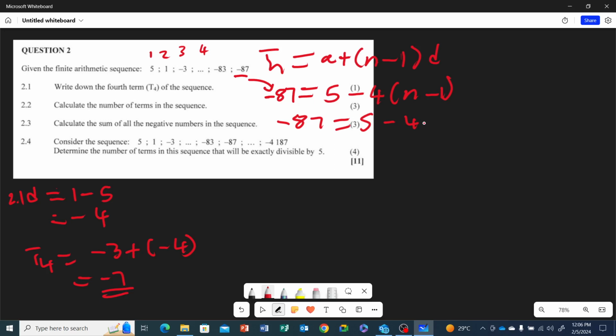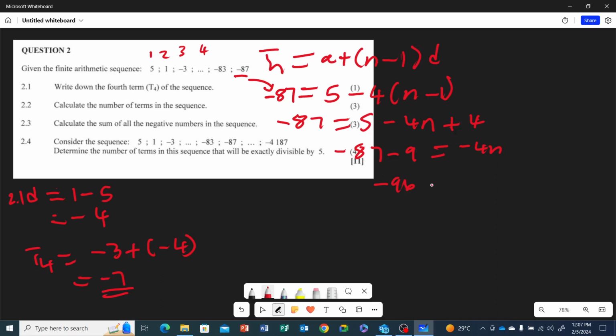Then if we take 5 and 4 to the left hand side, we say we transpose them. If we transpose them, we will have minus 87 minus 4 minus 5, which totals minus 96, which is equal to minus 4n.